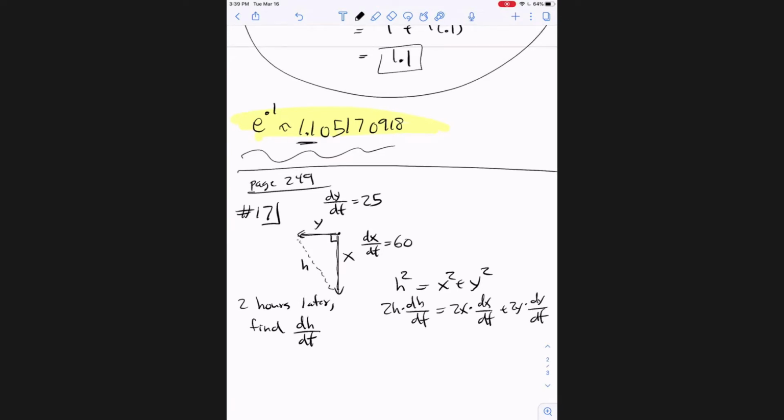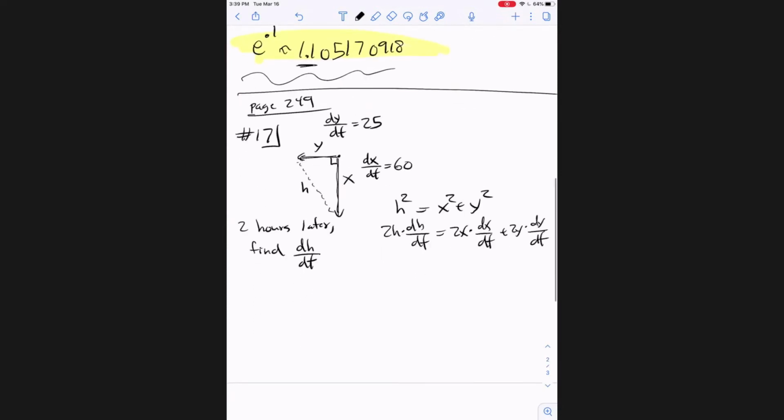Now, when they say 2 hours later, you have to determine what x and y and h are 2 hours later. Well, if you're going 60 miles an hour, 2 hours later, x equals 120, right?